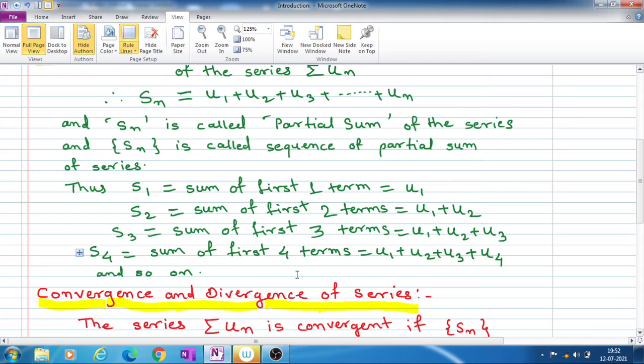S4 is u1 plus u2 plus u3 plus u4, and so on. So Sn will be the sum of n terms, the sum of some terms of the sequence, so it is called a partial sum.